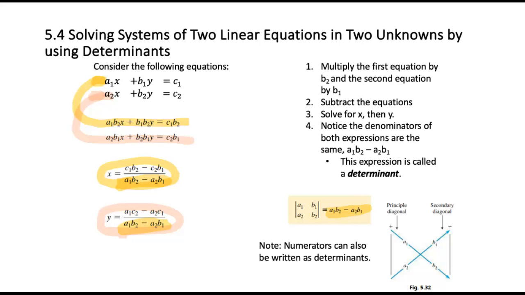A determinant is simply a square array enclosed by two vertical bars. The way you calculate the value of a determinant is you multiply a sub 1 times b sub 2, and then you subtract a sub 2 times b sub 1. That's this other cross product as demonstrated here.